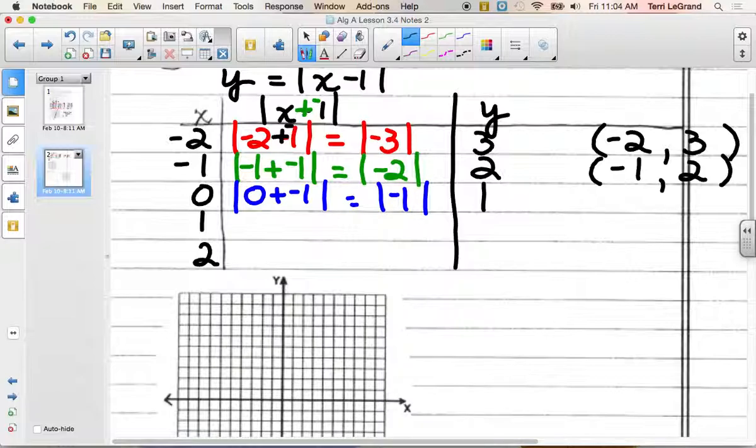Well, now if we counted on that pattern, we would say that our next y value is going to be what? 0. Okay, well remember we're going to do the work. And I think you're going to be surprised. We have to put a +1 in for x. What is +1 plus -1? 0.